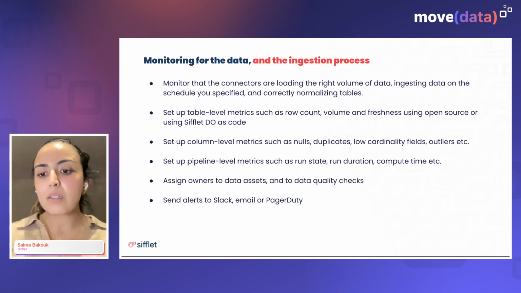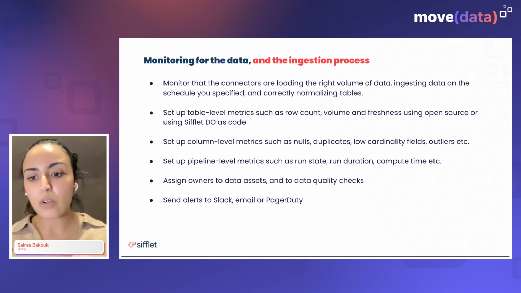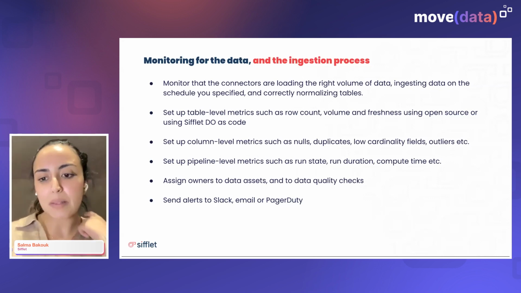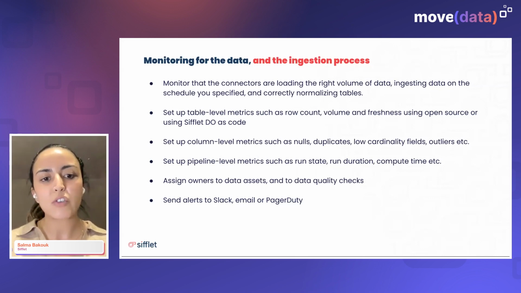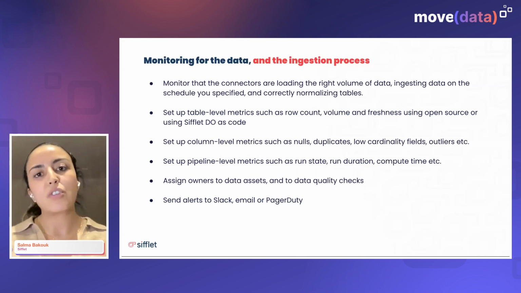Once you have set up all these checks and metrics using a data observability solution like Sifflet, or using open source or whatever that may be, the next step, and this is very important to improve that everybody's working together around ensuring reliability of the data assets and data infrastructure, is to assign ownership.